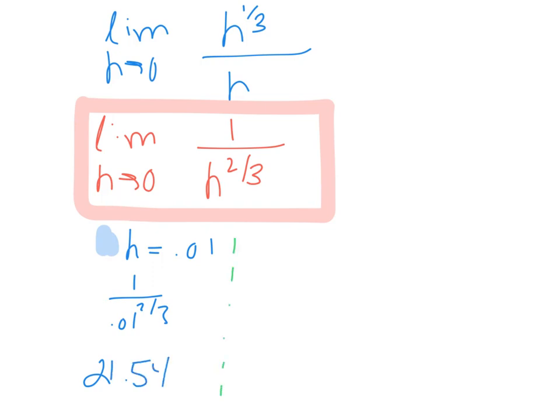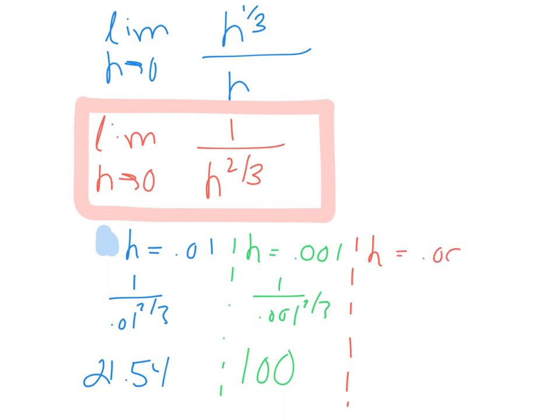If I make h even smaller though, so those 2 points used to estimate our tangent are getting even closer together, 1 over 0.001 to the 2/3. I calculated that to be about 100, I think. And just one more for emphasis. Let's make the distance between them, h, even smaller. So we look at the limit definition, 0.0001 to the 2/3. I calculated that to be about 464.